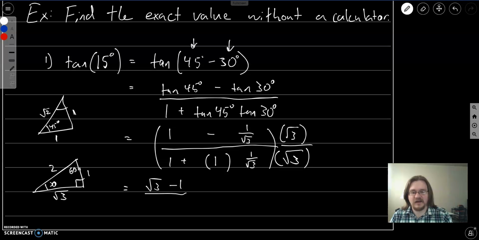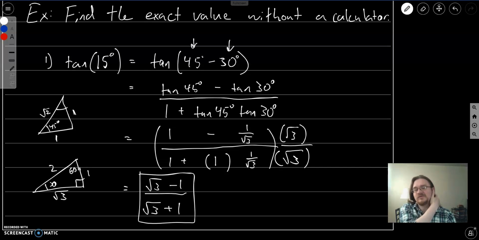The bottom, 1 times the square root of 3 is just this 1 over the square root of 3. So I've got the square root of 3 plus 1. And that's our answer.